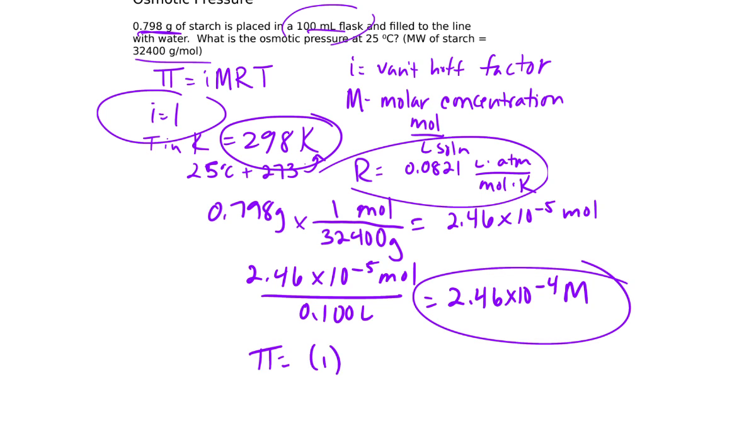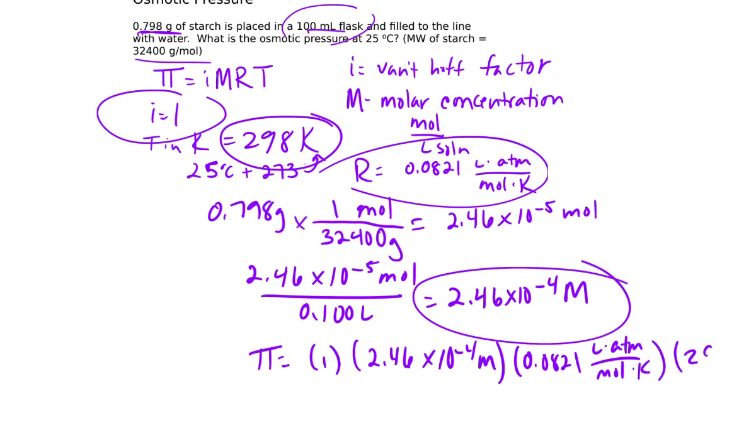So we'll have 1 for i times 2.46 times 10 to the minus 4 moles per liter times 0.0821 liter atmospheres over moles Kelvin times 298 Kelvin. Kelvins cancel, liters and moles cancel, and we're left with atmospheres.